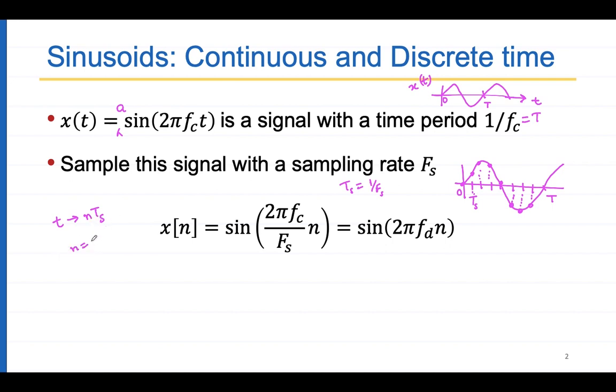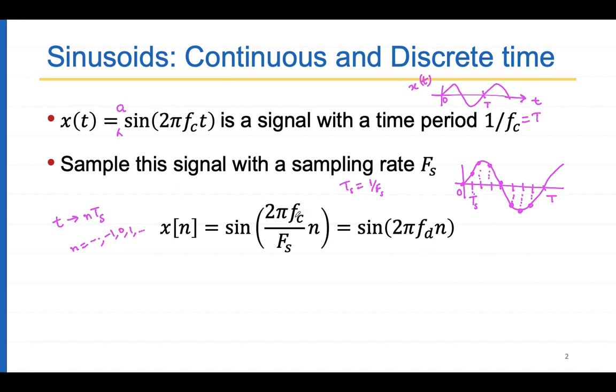It could be anything from minus infinity to minus 1, 0, 1, and so on, so there is no limit on that. But n should take discrete values at intervals of Ts. So that is what I have replaced.